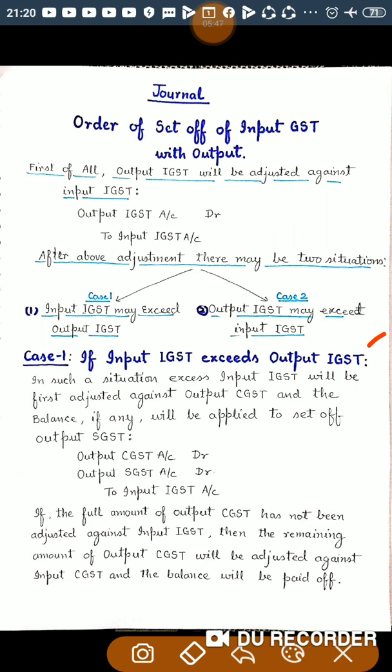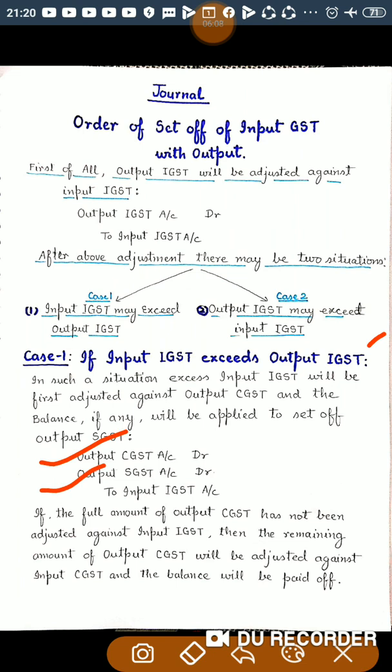So suppose input IGST is higher than output IGST, then after setting off against output IGST, whatever balance we have in input IGST will be set off against CGST and SGST.